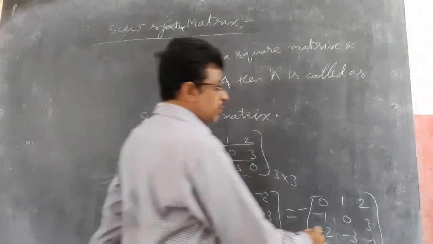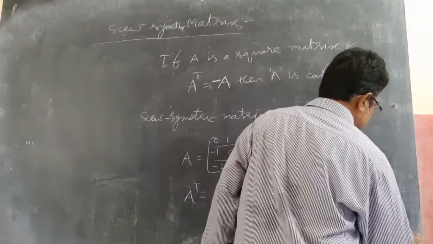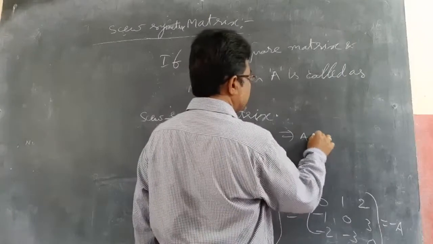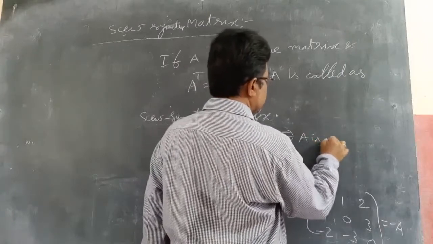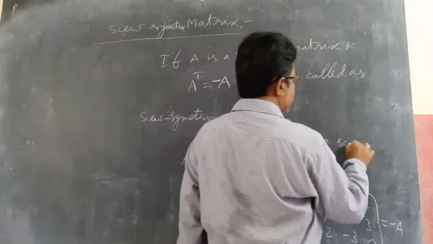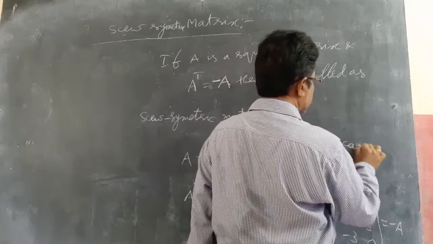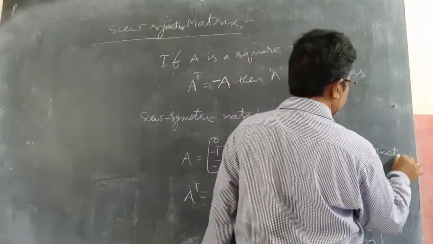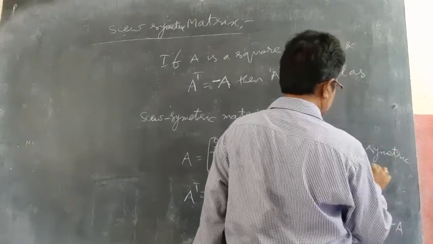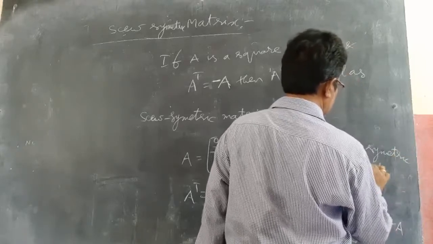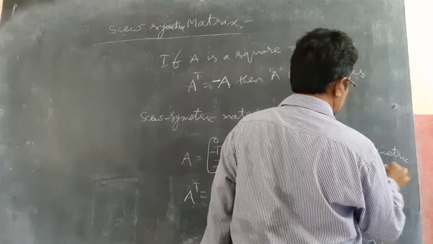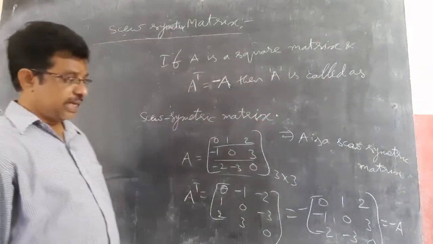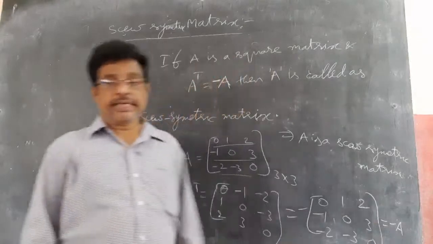So A transpose is equal to minus A, implies A is a skew symmetric matrix. If A transpose equal to minus A, then A is a skew symmetric matrix.